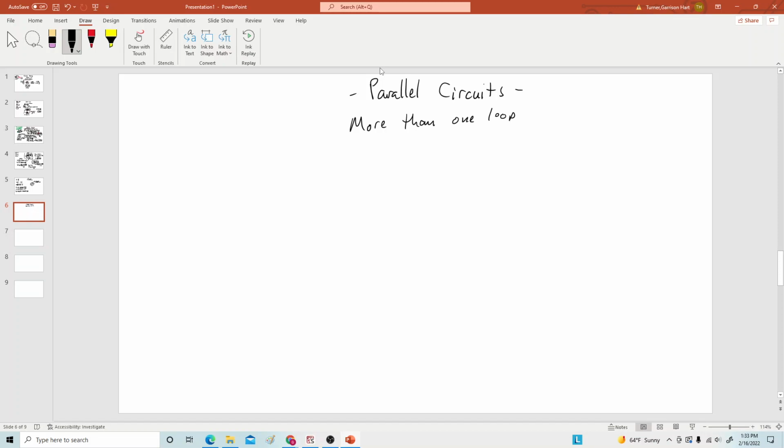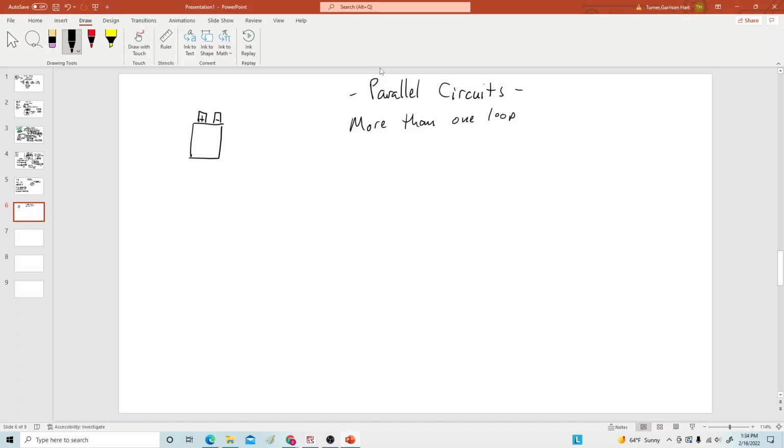And one way to think about this is imagine if I have a battery that looks like this. And this is the plus terminal, this is the minus terminal. And I have a resistor out here. Or let's use a light bulb as a physical example.